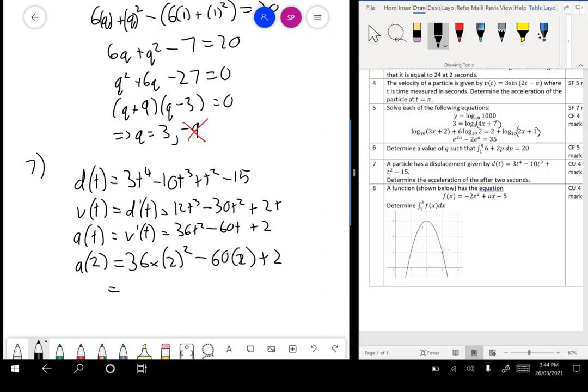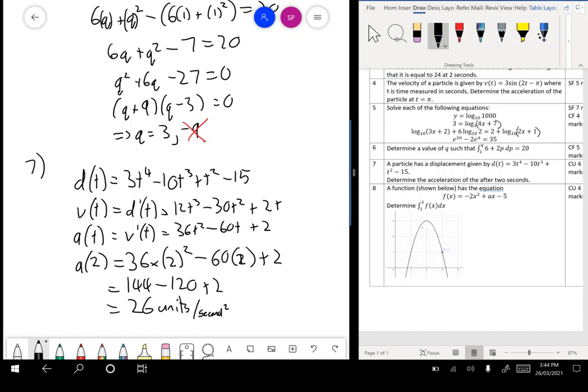I don't know that off the top of my head, but 36 times 2 is 72, and times that by 2 would be 144. 60 times 2 is 120, and plus 2. So 144 minus 120 is 24, plus 2 is 26. Now, once again, I haven't given you what the displacement is measured in, so I'm just going to say units per, but I have told you that time is in seconds, per second squared.